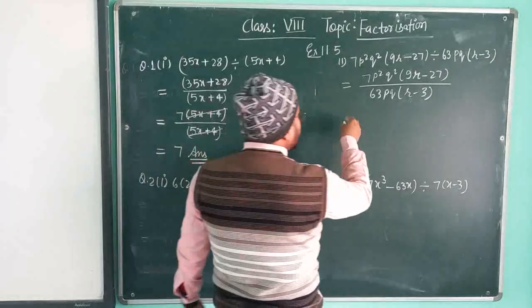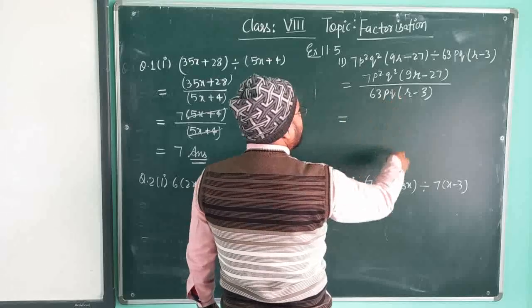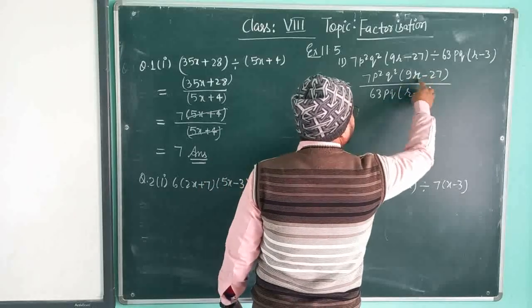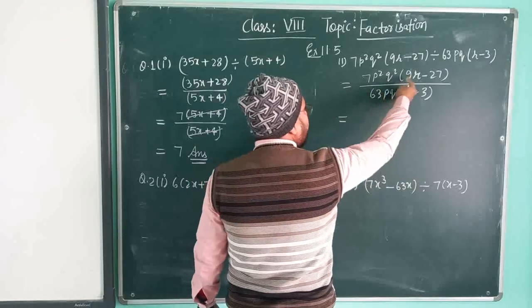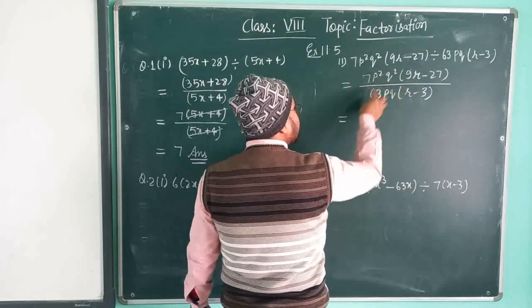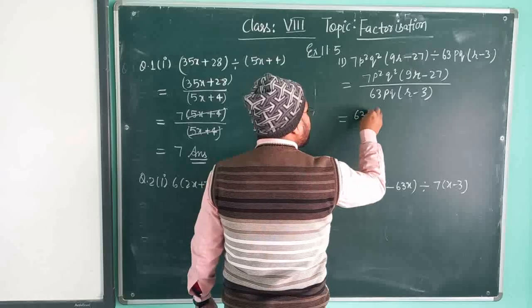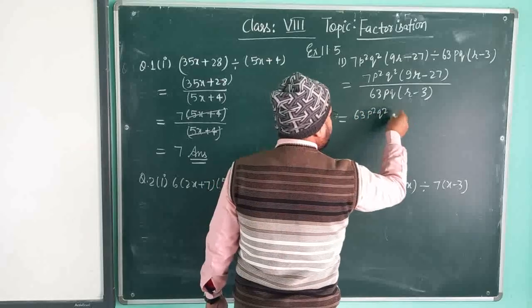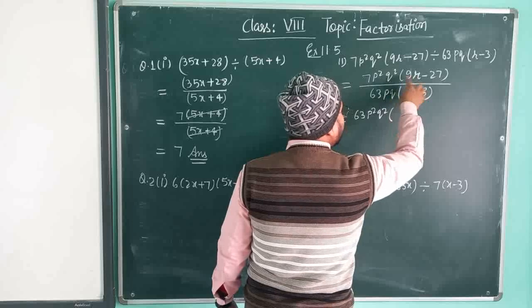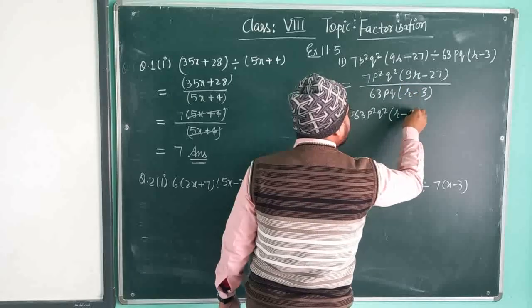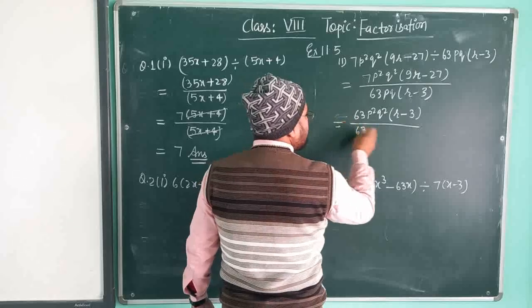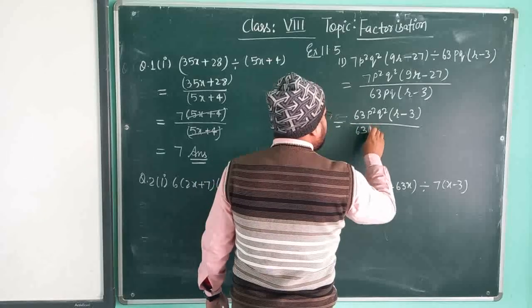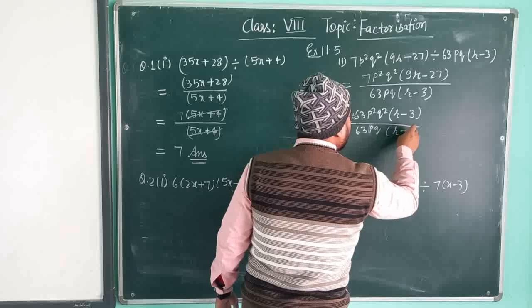So from outside you can see this one. 9 is common in this bracket, 9r minus 27. 9 is common, so I can take this 9 outside of the bracket. So 9 7s are 63. p square q square upon, 9 I have taken common, so r is remaining there minus 3, upon 63 pq in bracket r minus 3.